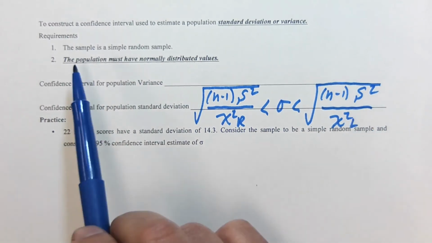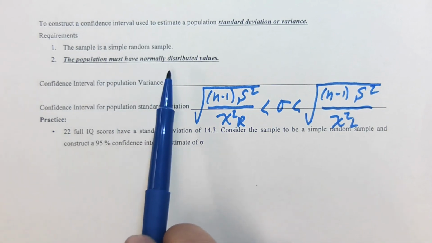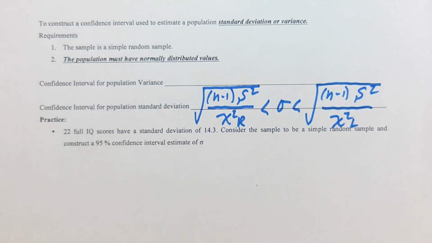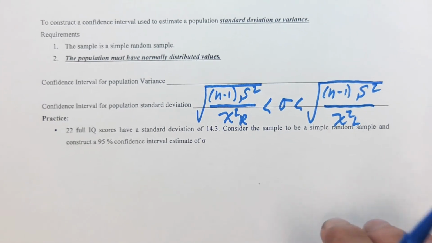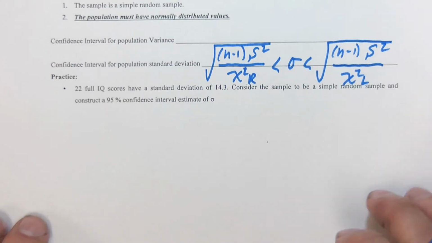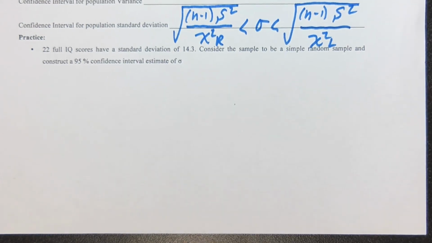And once again, the population must be normally distributed. For the t and the z, if it wasn't normally distributed or we didn't know, then as long as n was bigger than 30, it was okay. Not okay for a chi-squared distribution. That is not going to work. So we are going to find a confidence interval for sigma.